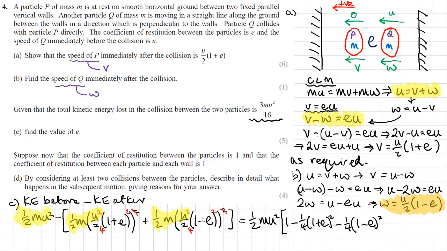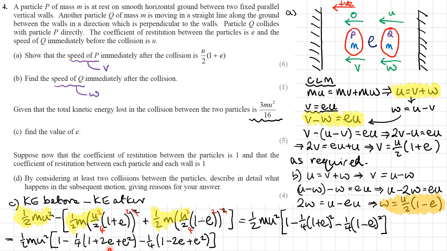And then what I'll do from here is expand the brackets of the 1 plus e squared and the 1 minus e squared. So I still have the half mu squared outside. Then inside the brackets it'll be 1 minus a quarter of 1 plus 2e plus e squared, from the first one expanded, and then minus another quarter of 1 minus 2e plus e squared.